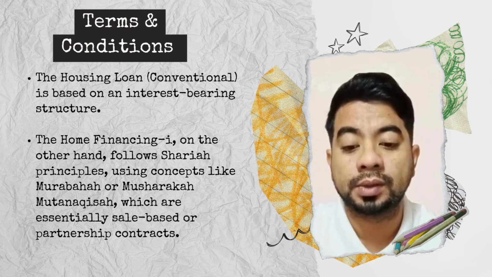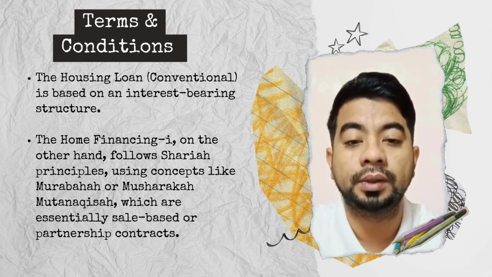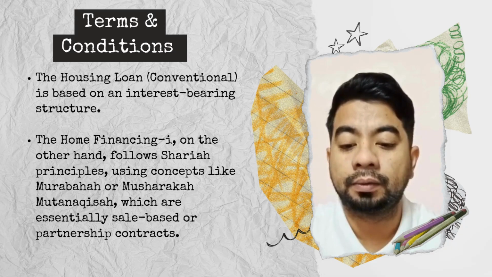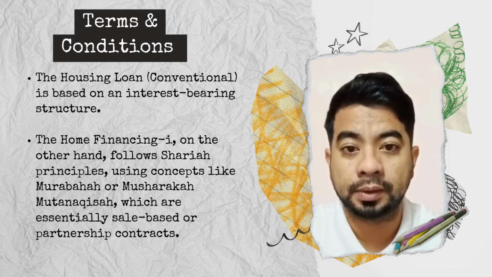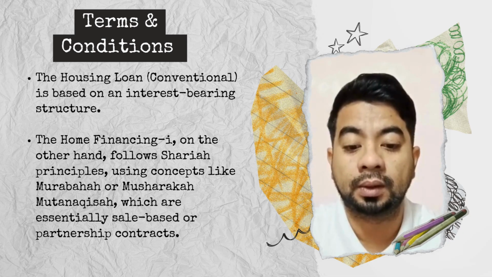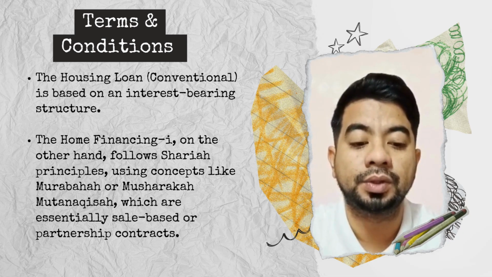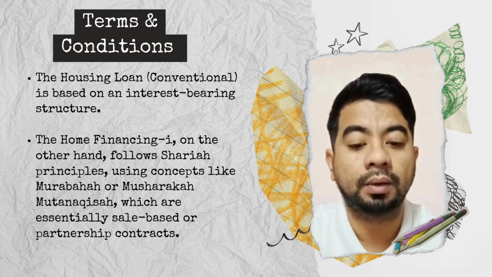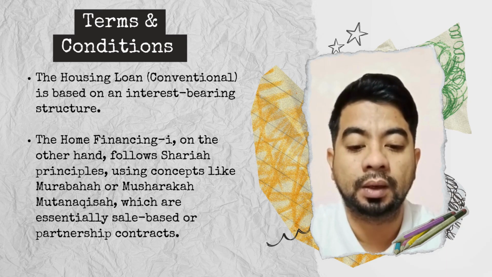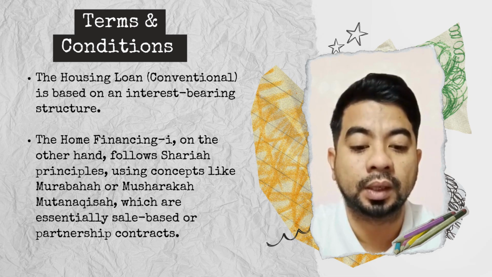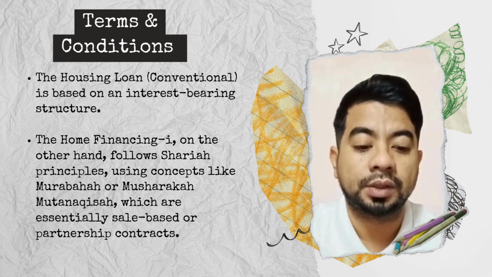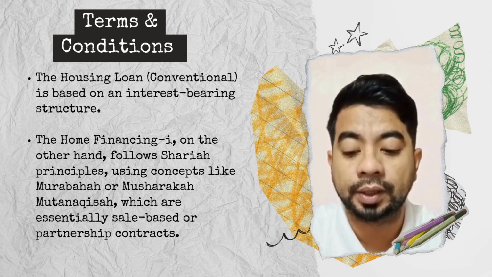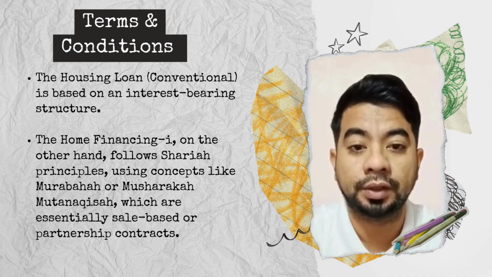The conventional housing loan is based on an interest-bearing structure, and the Islamic home financing, on the other hand, follows Sharia principles using concepts like murabahah or musharakah mutanakisah, which are essentially sales-based or partnership contracts. Let's break down the key differences.